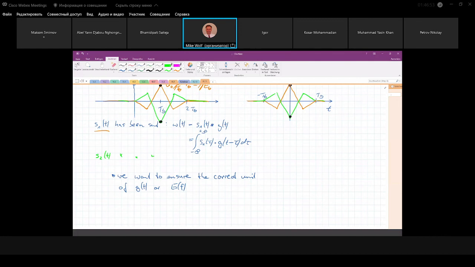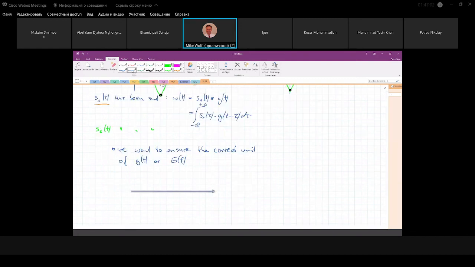It's causal, but it's not unit energy, of course. Say we do this. Then I just draw here the impulse response, G of t. It looks as before, of course.